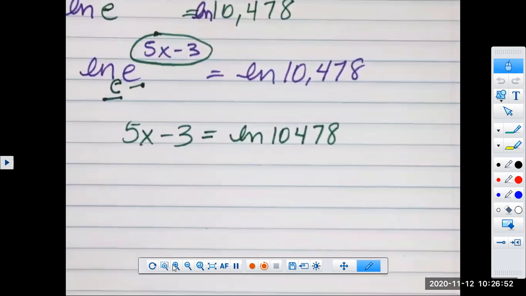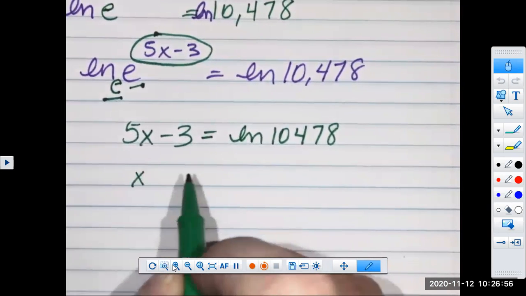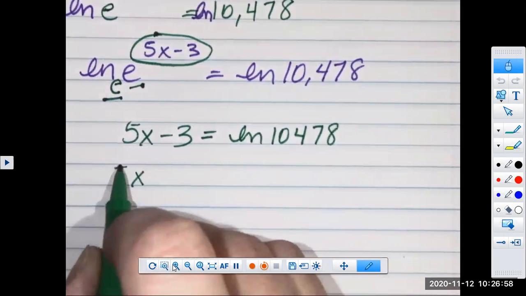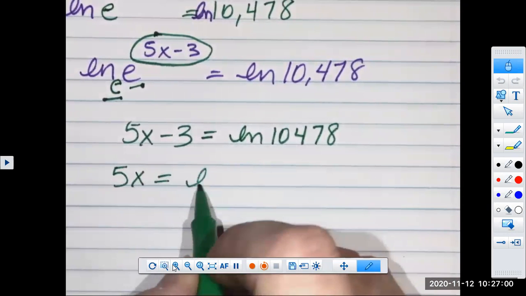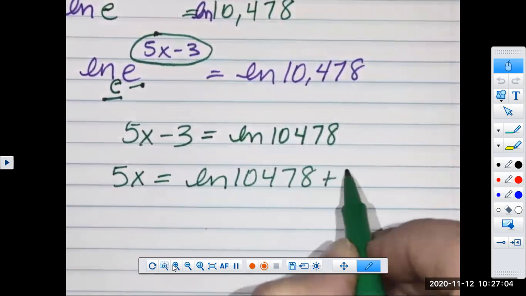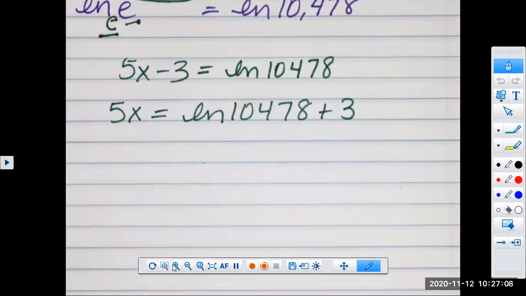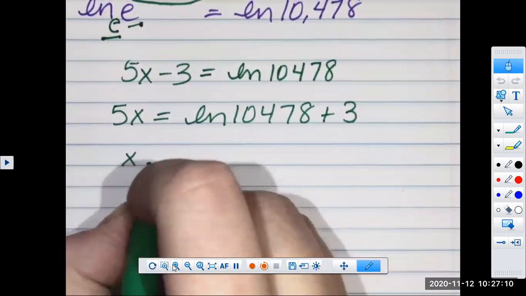So to leave our answer exact, let's solve for x. So we have 5x equals ln 10,478 plus 3. And then, of course, divide by 5.